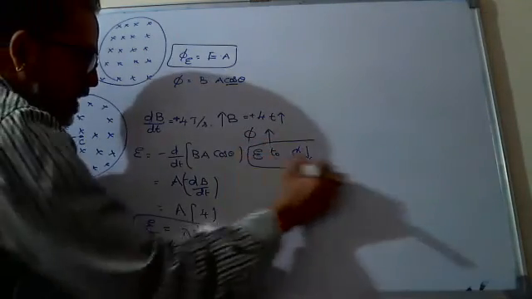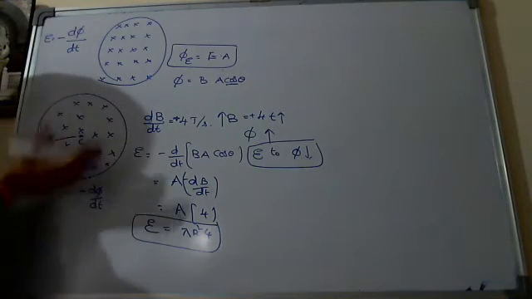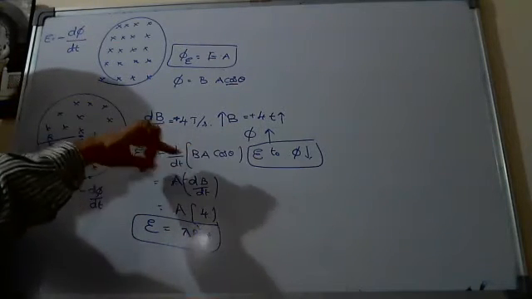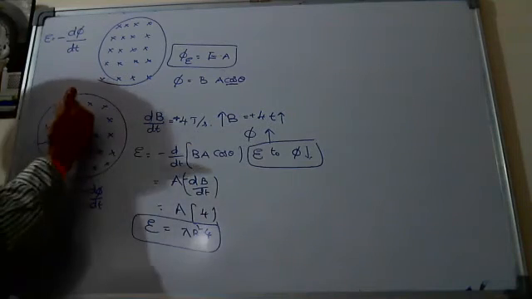If you understand this, then only you can put the correct option here. If the flux is increasing, to oppose the cause the EMF should create a flux outwards, which decreases the flux.